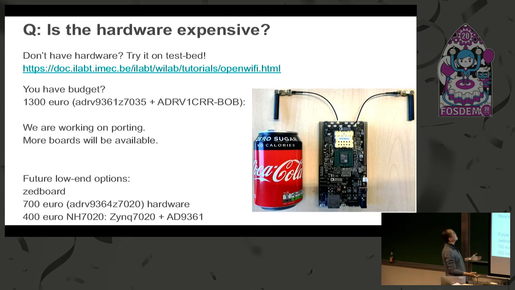If you have budget, you can use this quite small software-defined radio board, a system on module, I think built by Analog Devices, with a Zynq FPGA and an Analog Devices front end on the same module. We have ported the design to it. We will port the design to more and more boards, and recently there is a quite cheap board, I would say, built by a Chinese company.